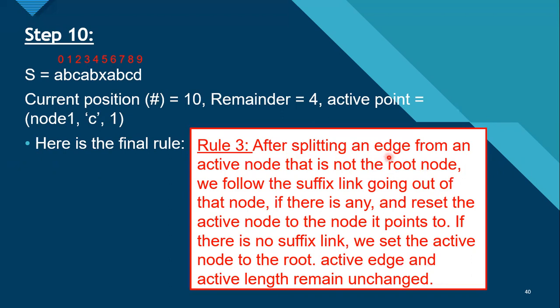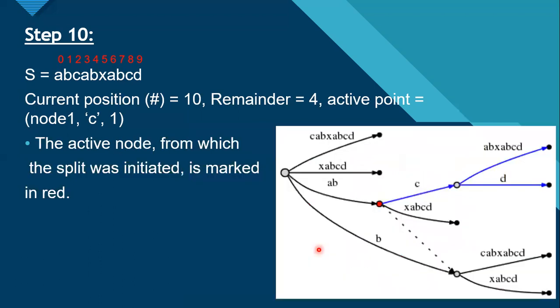We just split an edge from an active node and it wasn't the root node. We follow the suffix link going out of that node, if there was any, and reset the active node to the node it points to. If there wasn't any suffix link, then we set the active node to the root, and the active edge and active length remain unchanged. So let's see in our example.